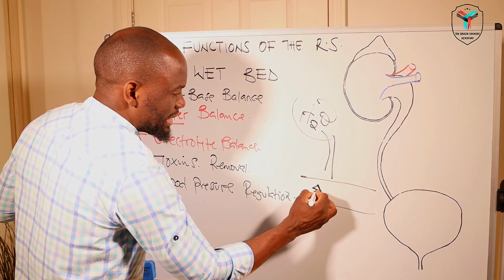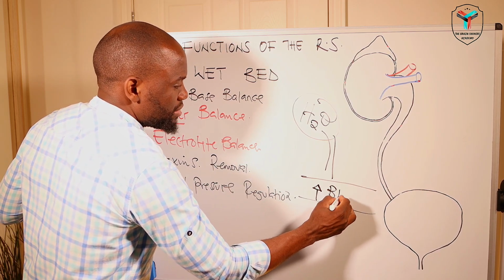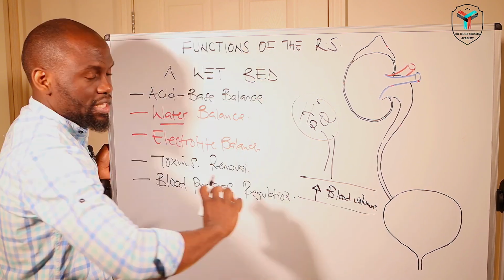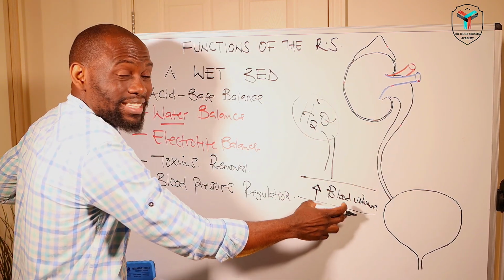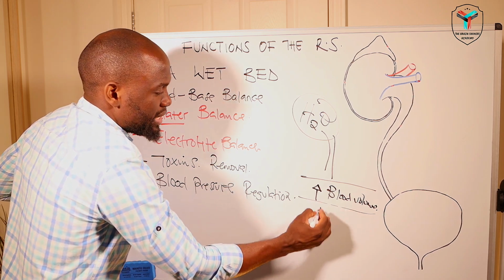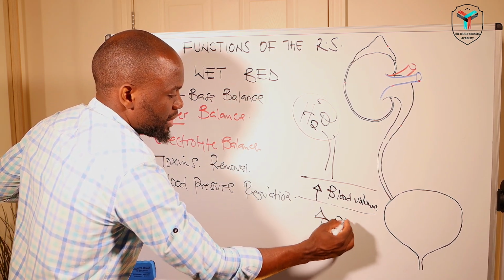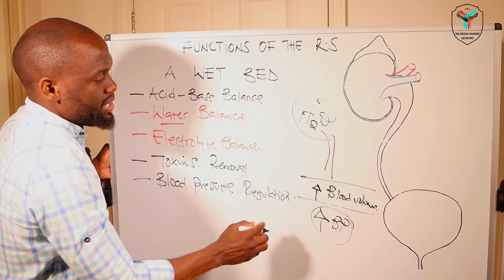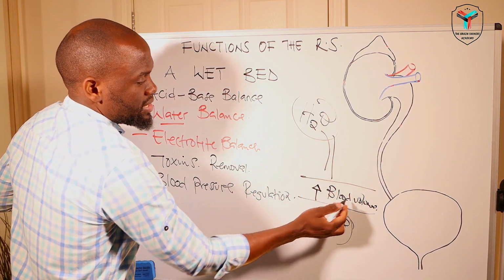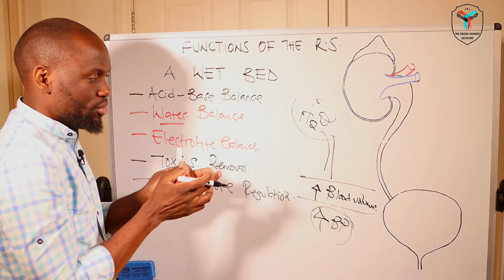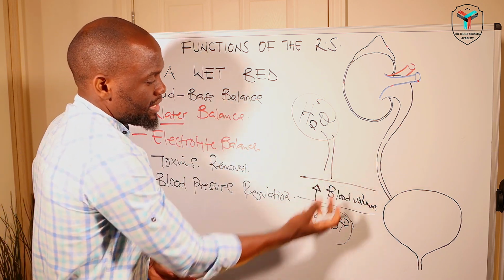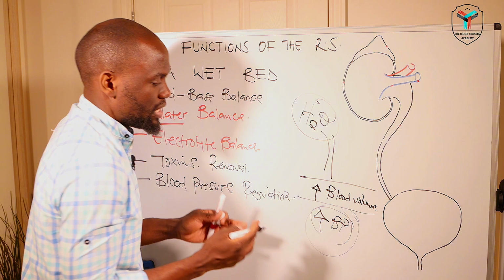That then increases the blood volume. So when you increase the blood volume, the consequence will be a rise in the blood pressure. And if the blood pressure is too high, the body will start getting rid of blood volume, so that you have very little cardiac workload, and in turn reduces the blood pressure.